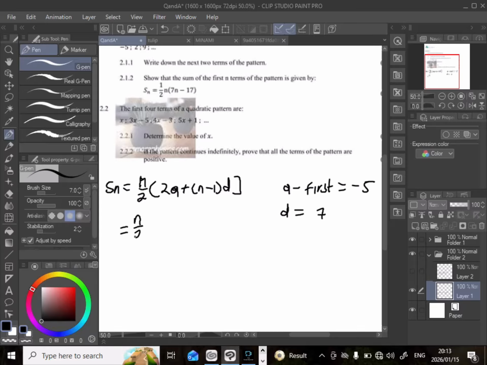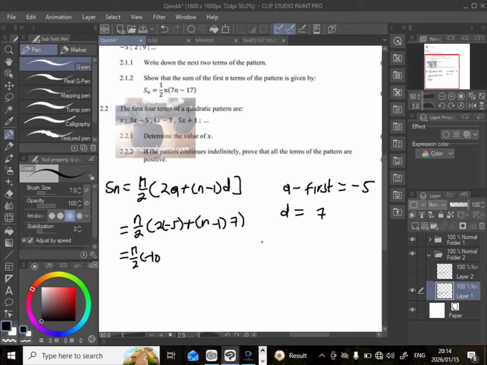So n over 2 times (2 times -5 plus (n minus 1) times 7). First things first, let's focus on whatever is inside the brackets. It's -10 because it's -5 times 2.